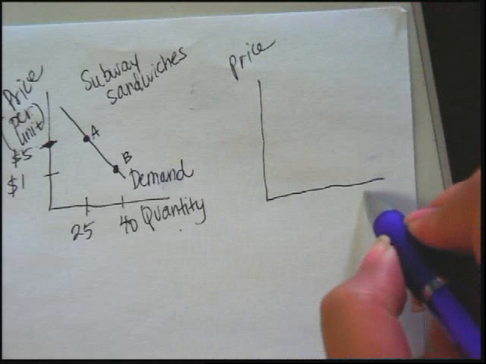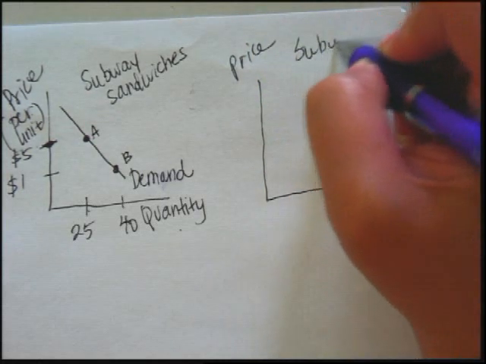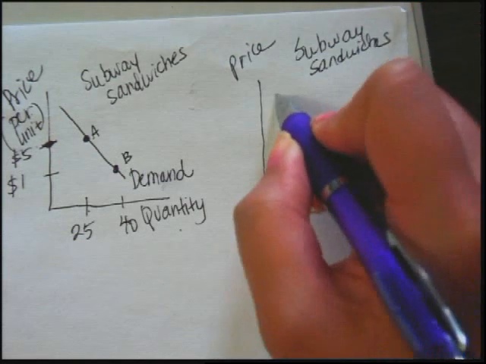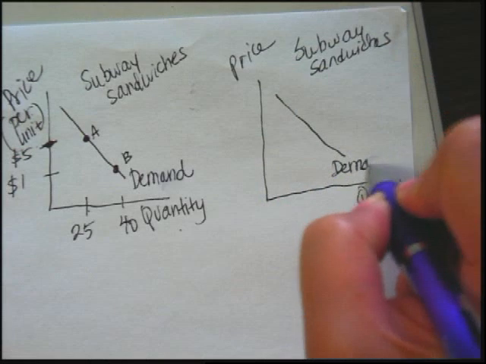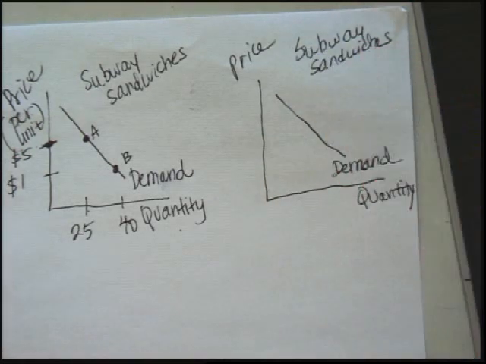I'm going to draw another demand curve, and we're still talking about Subway sandwiches. Here's our demand curve, which is negatively sloped, there's a negative relationship between price and quantity. Let's suppose that it was medically proven.